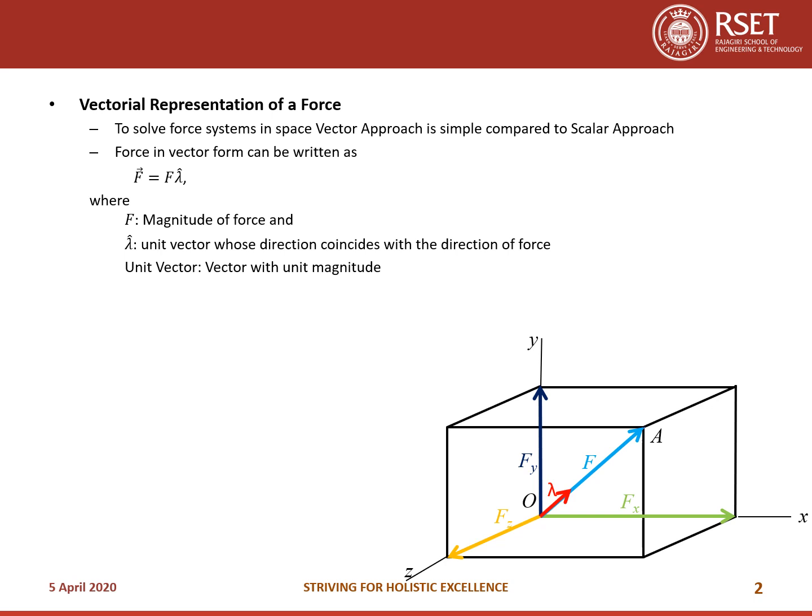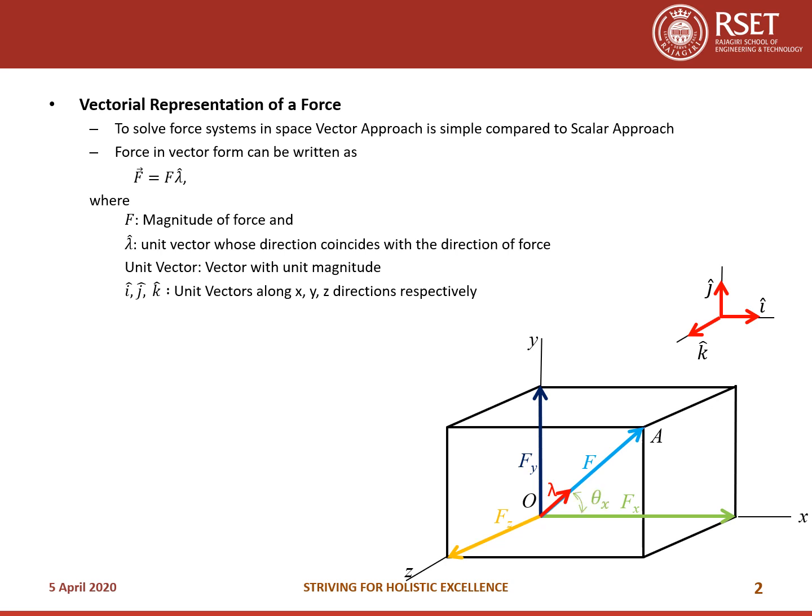So lambda with a cap is a unit vector, and in this case it coincides with the direction of the force or line OA, and a unit vector always has a magnitude of unity. Now if you consider the x, y and z axes, then we have unit vectors represented as i, j and k along the x, y and z directions respectively.